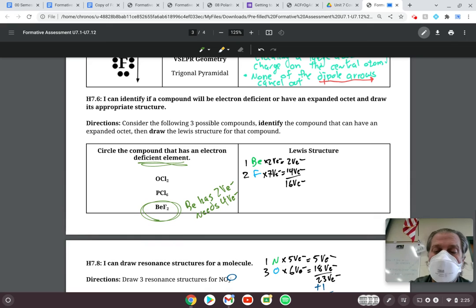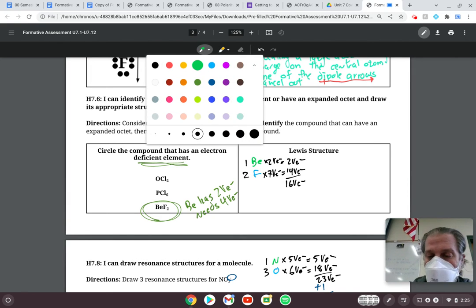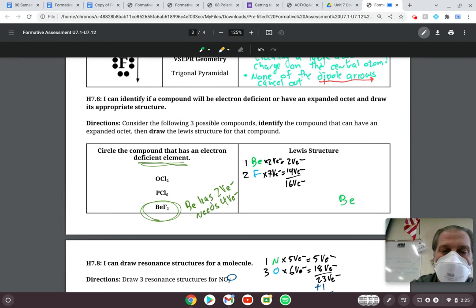So if I was to draw this structure with beryllium bringing 2 valence electrons and fluorine bringing 7 times 2 of them, which is 14, I would draw something that looks like this. Start with a single bond. At this point, I've used 4 electrons, so that's going to leave me with 12 valence electrons.